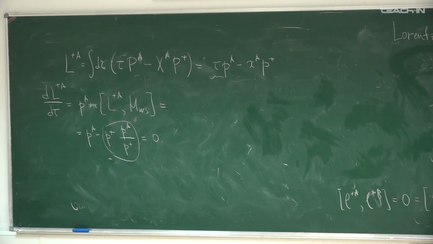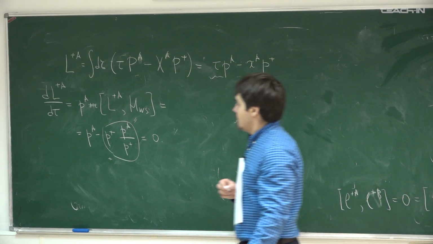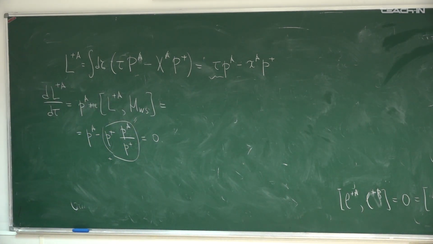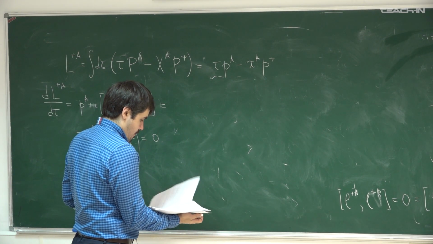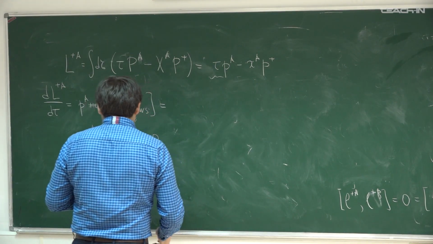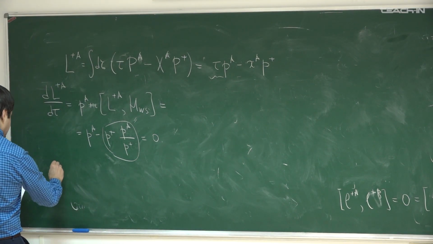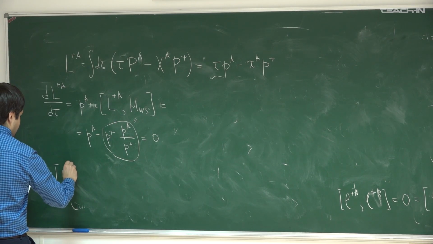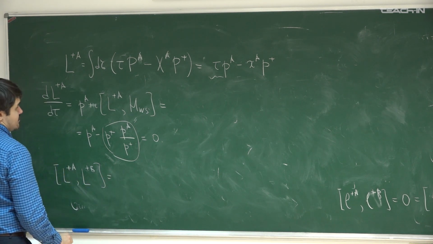But when we look at L minus A, it will be a much more complicated thing. Why? Because what is L minus A? Okay, and also before we go to L minus A, let's check that an easy calculation shows that L plus A with L plus B commutes.